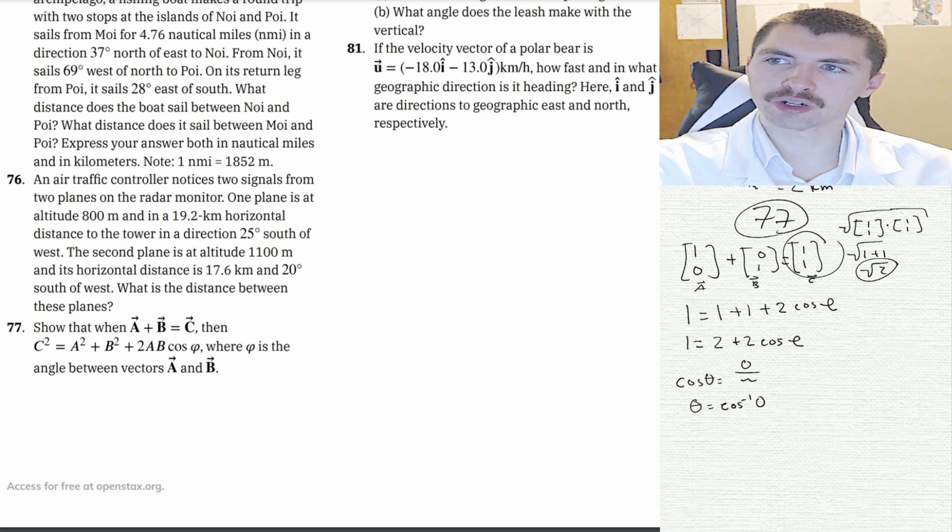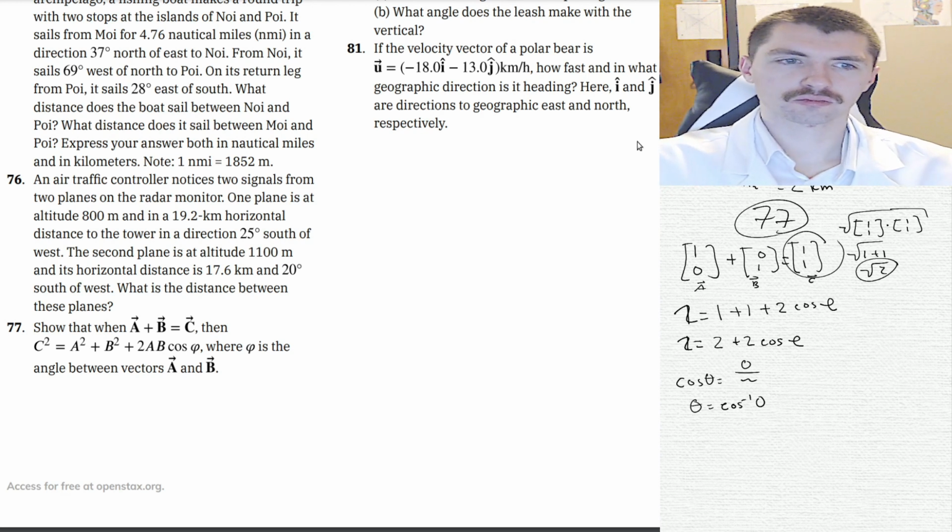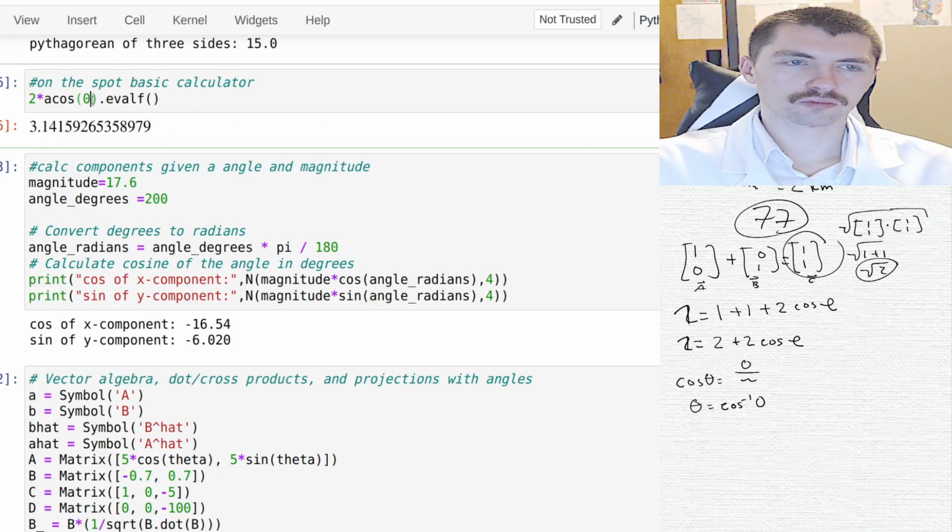It's saying the magnitude squared, so it should be 2, I guess. 2 equals 2. It could be 1.